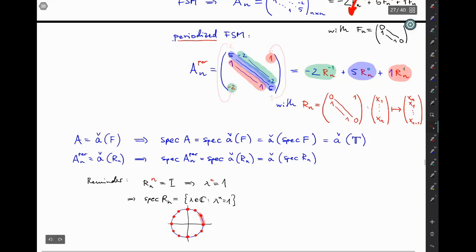And because there's always n of them and they sit so nicely on the unit circle, this set is often denoted by T, just like the unit circle, with subscript n. So now we know what to substitute in here.